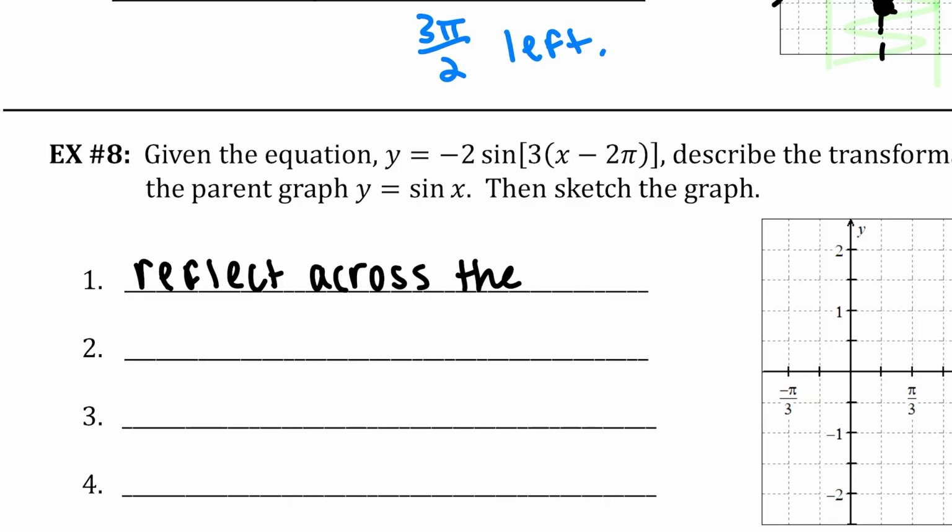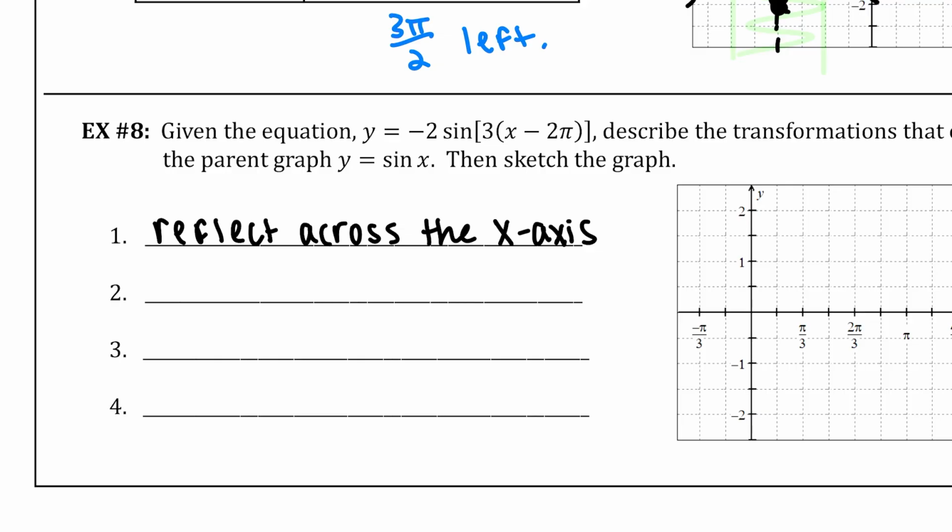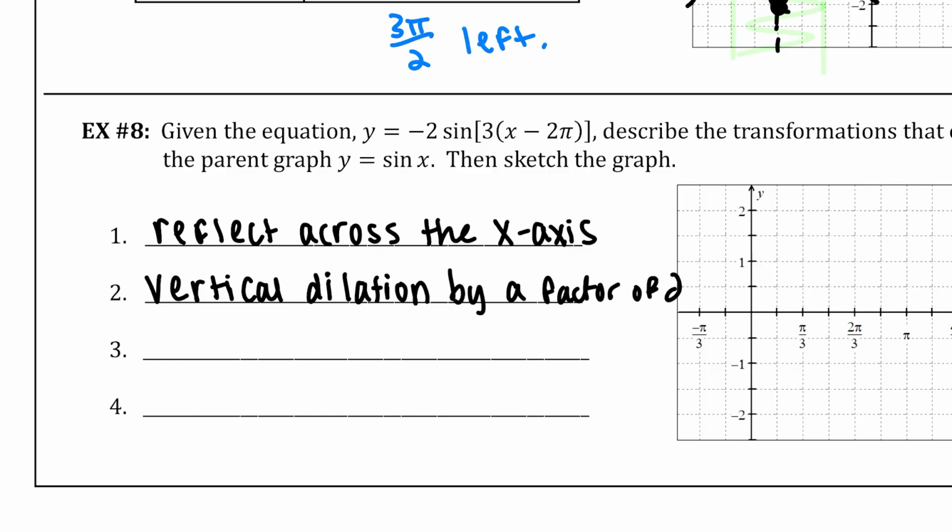So this is reflecting across the x-axis. All right. And then we have that 2 there. So that 2 is our amplitude. So that is our vertical dilation. So we have a vertical dilation by a factor of 2.